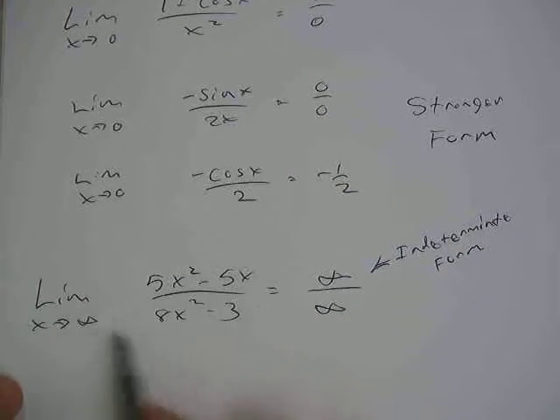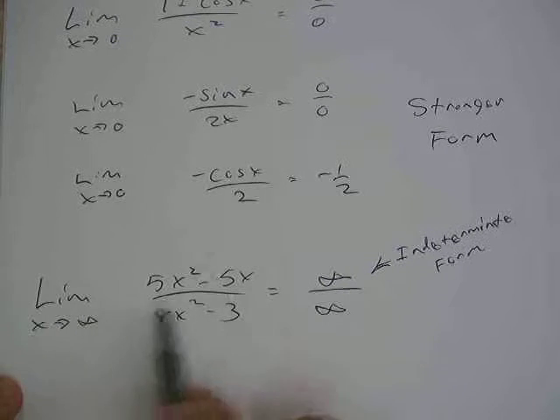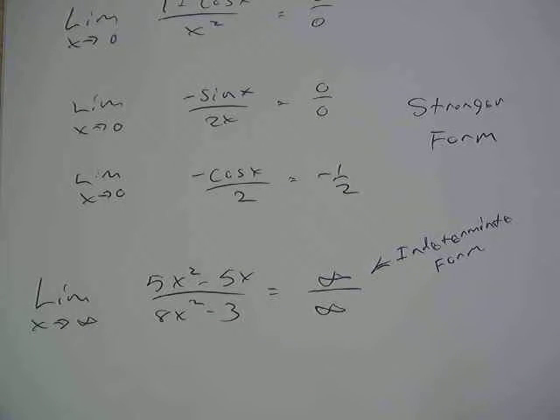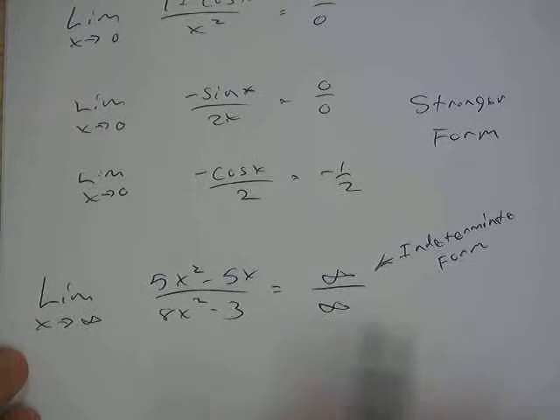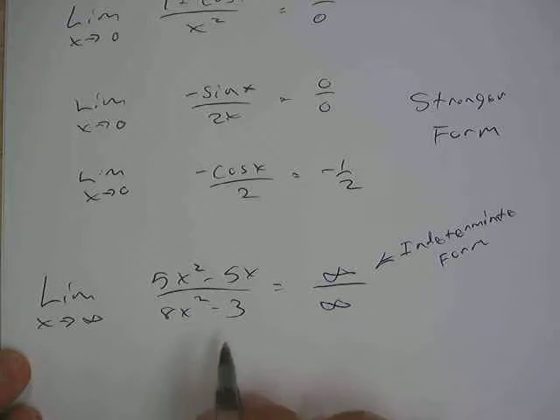Okay. Now, we also know that there's a way that we could find the answer to this where we want the limit as x approaches infinity of this. All we're looking for here is the end behavior.